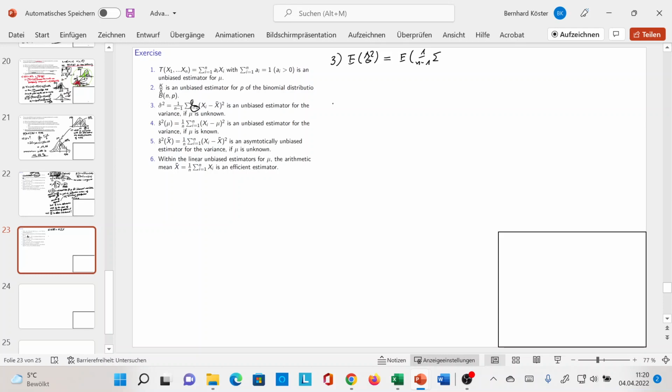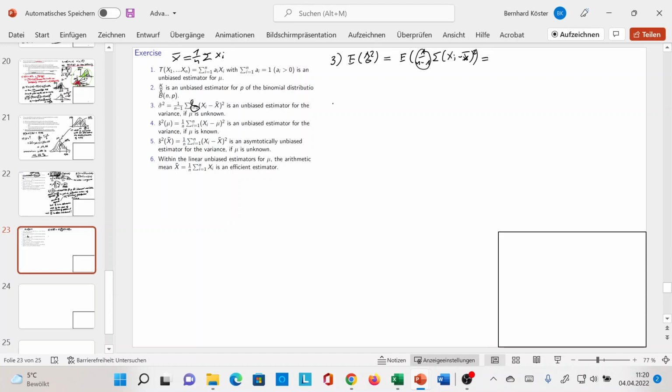So this is then x_i minus x bar, where x bar is the arithmetic mean, squared. So again, linear operator, we can take out the factor.